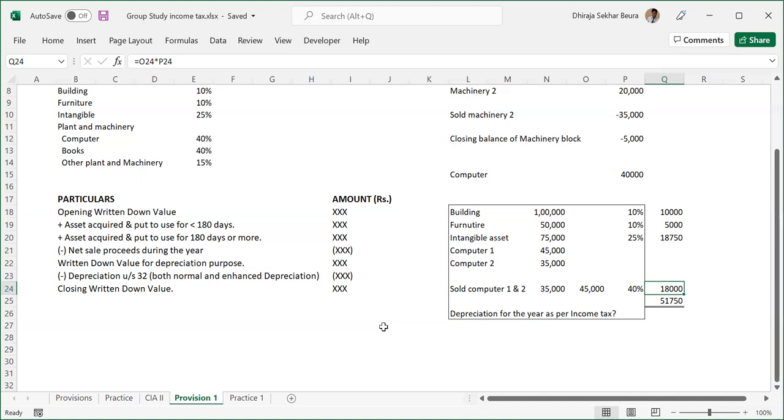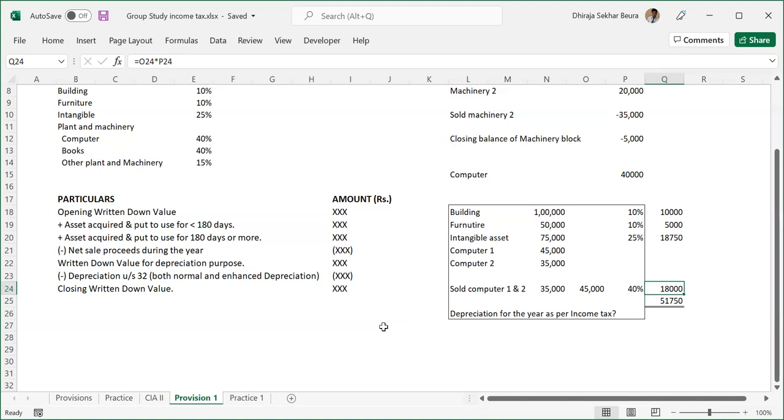But still it has to be tracked somewhere, right? We'll discuss that separately. What I'm saying here is, if all of your assets are sold off, then your block will not exist. Earlier, in the other example, only one of the assets was sold, but the sale amount was so high that it was more than the block value, which is why the whole block did not exist.